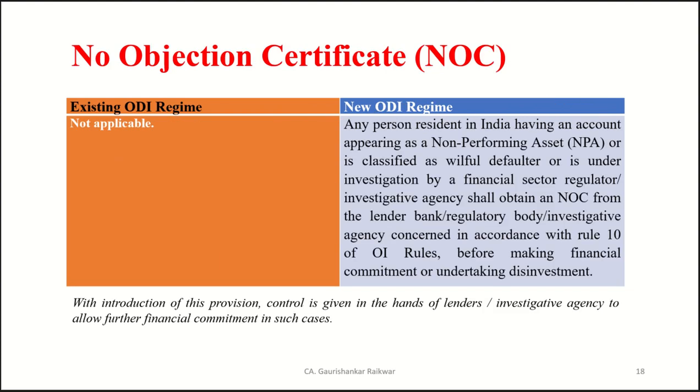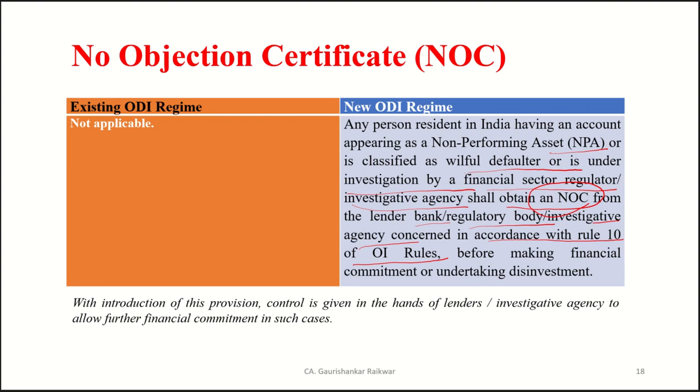Then no objection certificate. In the old ODI regime, there was a restriction where the ODI was made from an entity which is NPA or under investigative agency investigation. But now in the new ODI regime, the provision is that any person resident in India having an account appearing as NPA or classified as willful defaulter or under investigation by a financial regulator or investigative agency shall obtain NOC from the lender bank, regulatory body or investigative agency concerned in accordance with Rule 10 of the rules before making any financial commitment.